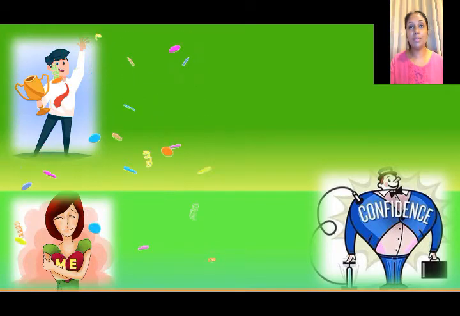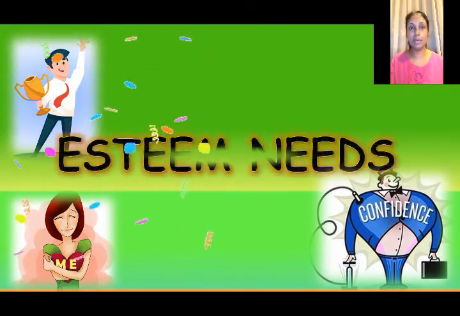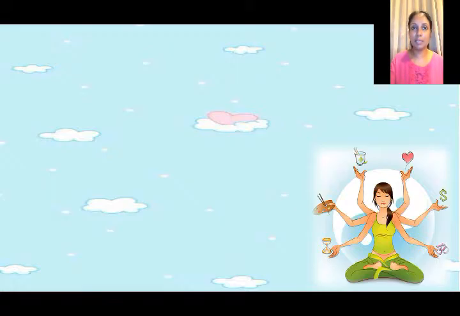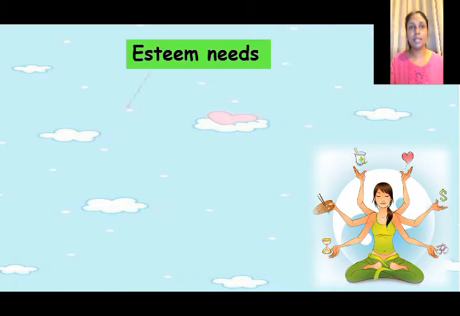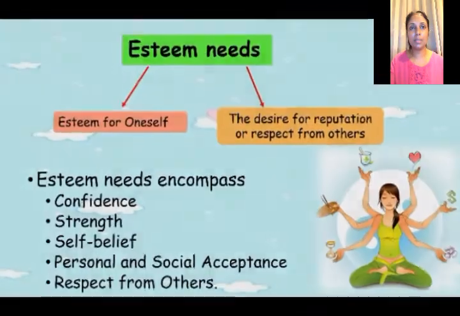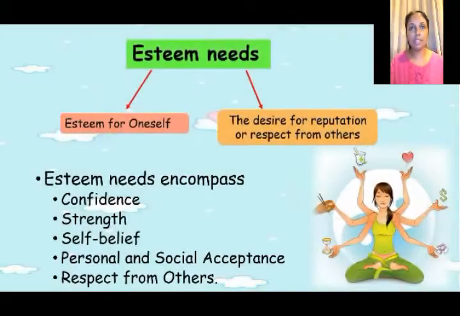Esteem needs are the 4th level in Maslow's hierarchy. These needs are classified into 2 categories. One is esteem for oneself. The other one is the desire for reputation or respect from others. Esteem needs encompass confidence, strength, self-belief, personal and social acceptance, and respect from others.